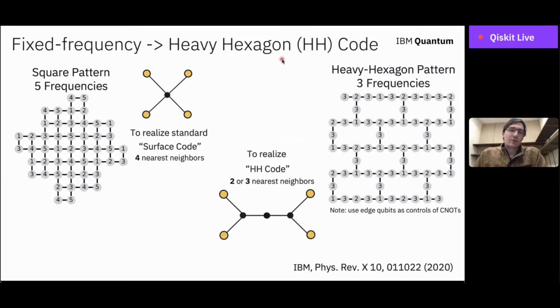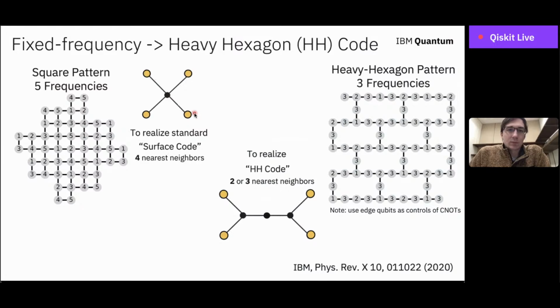So that leads us to the experimental layout of qubits that we actually have at IBM. On the left, there's this square pattern of frequencies, which is something that you would use to implement the surface code, which I showed earlier. In this case, every qubit has 4 nearest neighbors.